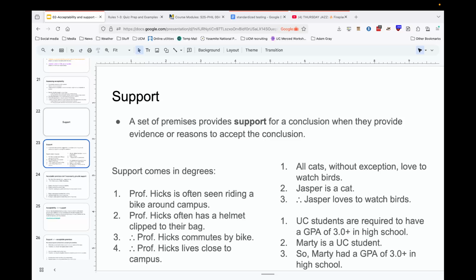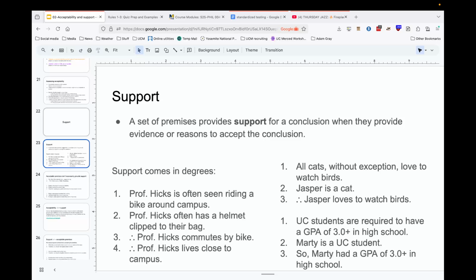These premises guarantee their conclusion. So the two examples on the right-hand side provide very strong absolute support to the conclusion, assuming we accept the premises. The left-hand side, support is much weaker. There's still support for these conclusions about me, but it's not the absolute guarantee, absolute certainty. Okay, so support can come in degrees.